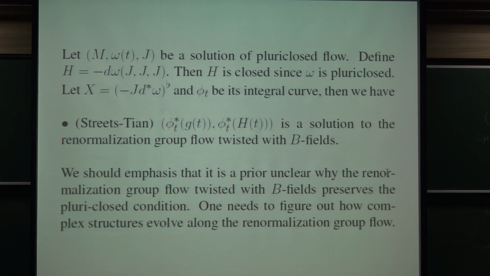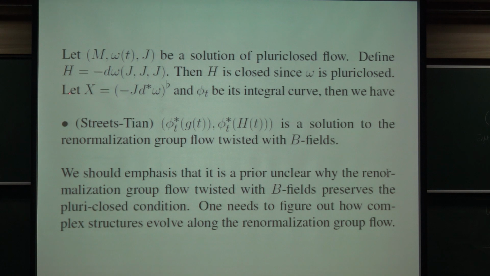And this one, we proved, up to certain change, suppose this is a solution of the pluriclosed flow. Then we define this 3-form. Okay. Then H is closed since it's pluriclosed. This actually is an equivalent condition: omega is pluriclosed if and only if this 3-form is closed.